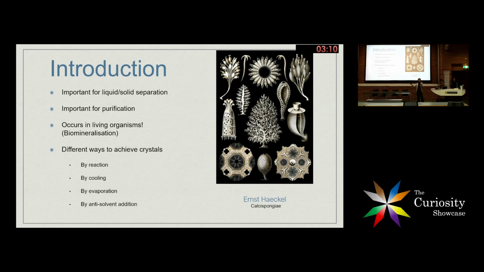You could have something that's melted, you cool it down, it solidifies. That's crystallization by cooling. You can evaporate off the solvent, and then what's left is more concentrated, forms crystals, or you could mix solvents. If the substance is soluble in one solvent but not in another, that's the anti-solvent. You can add the anti-solvent and you can force crystals to form.